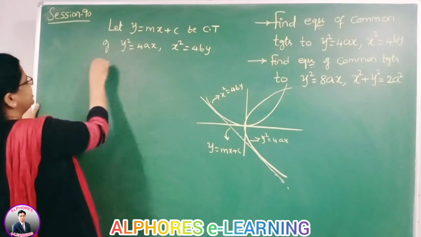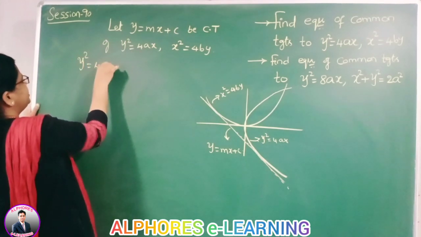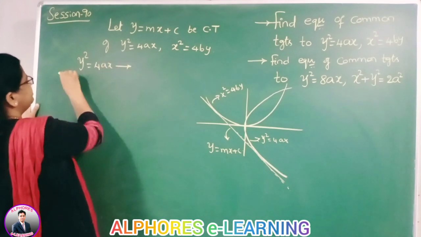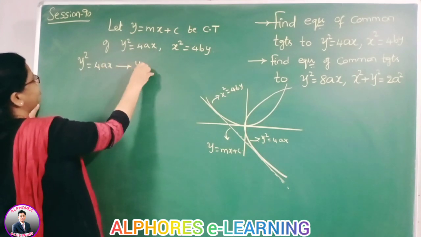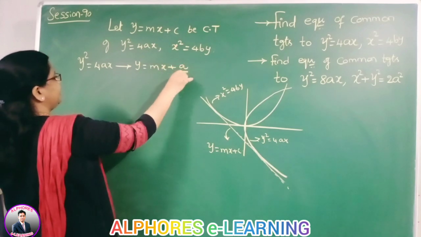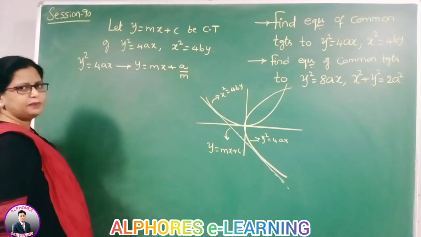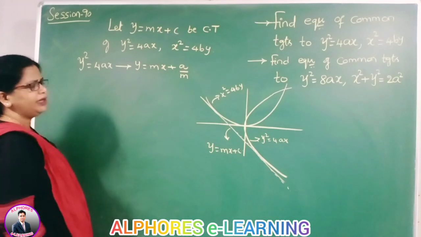Now first, for y square is 4ax, if it is tangent, y equals mx plus a divided by m. So in the place of c we write a by m.